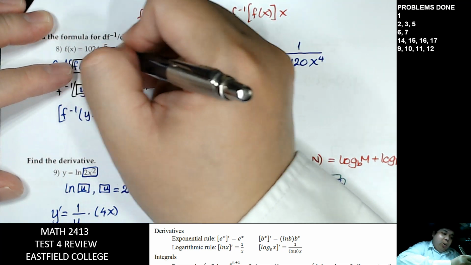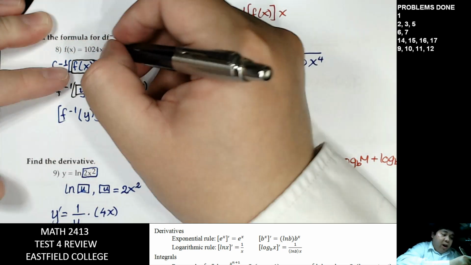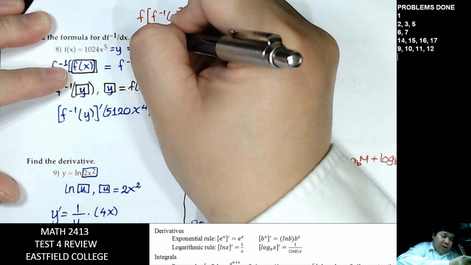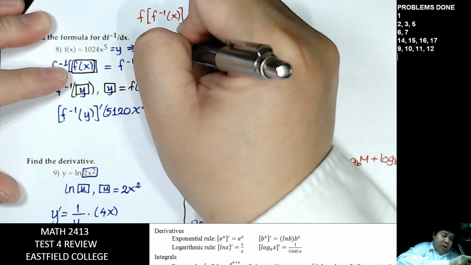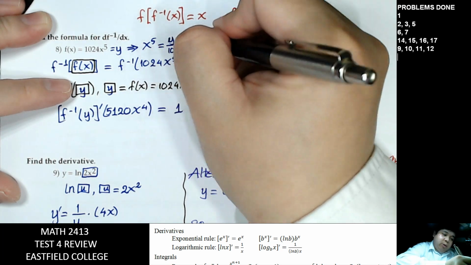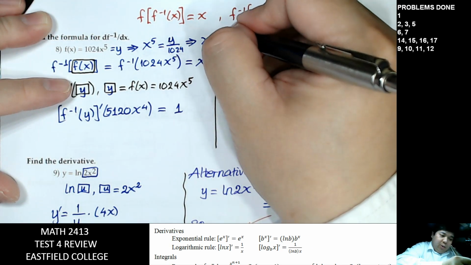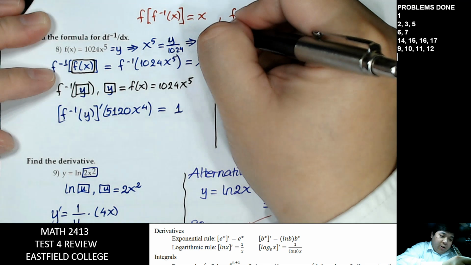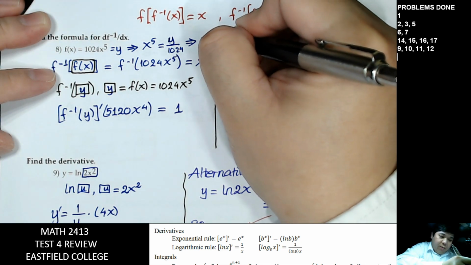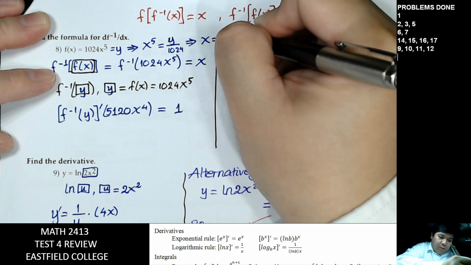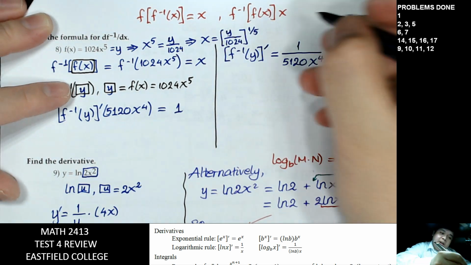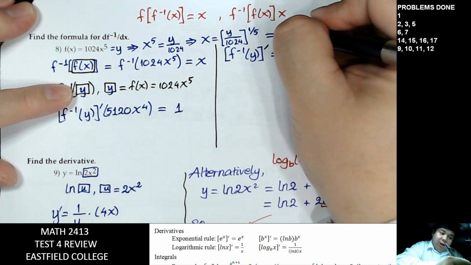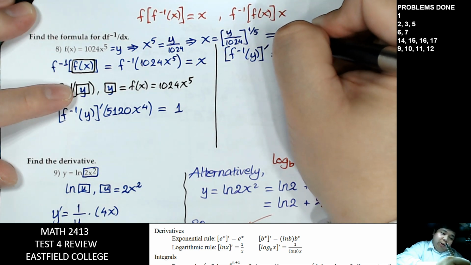So we solve for x: we divide by 1024, y over 1024, and then we take the 5th root, so to the 1/5. 1024 to the 1/5 is 4, so we just have y to the 1/5 over 4.